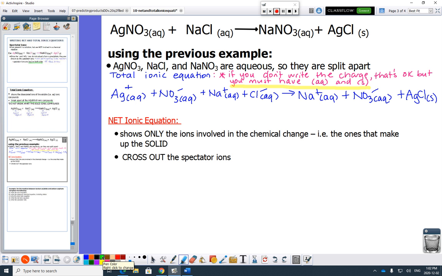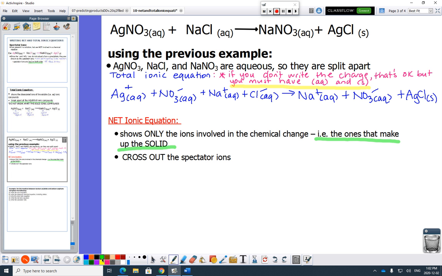How do you know what those are? The ones that make up the solid, okay? Another thing that you can do is cross out spectator ions. When you do these kinds of questions, usually it's like part A, write the word equation.